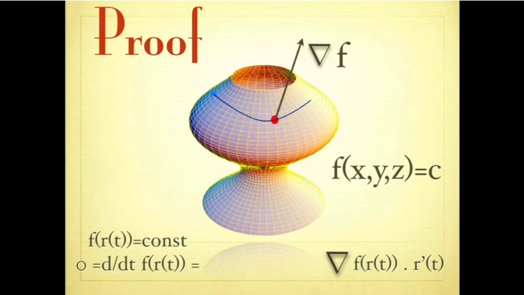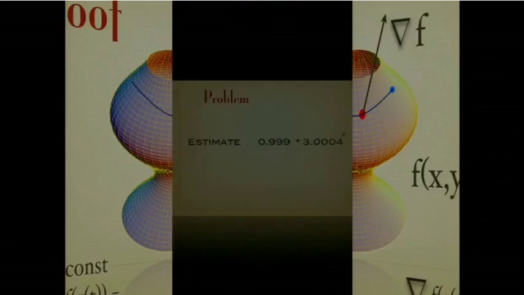Looking at this chain rule, 0 is the dot product of the gradient with the velocity, so the gradient has to be perpendicular to the velocity. That's sometimes called the gradient theorem, or the fundamental theorem of gradients. It's a very important fact about gradients and allows us to do tangent line and tangent plane computations.